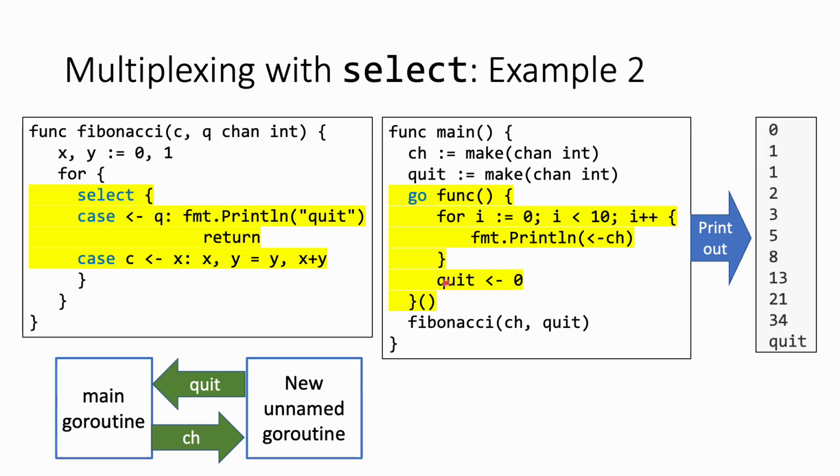When the new Go routine receives enough 10 Fibonacci numbers, it sends 0 to channel quit, which is then received by the main Go routine, causing it to print out quit and then return.